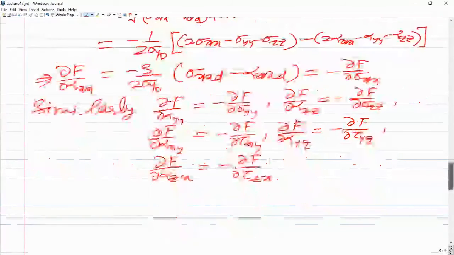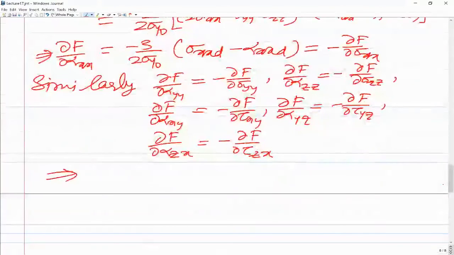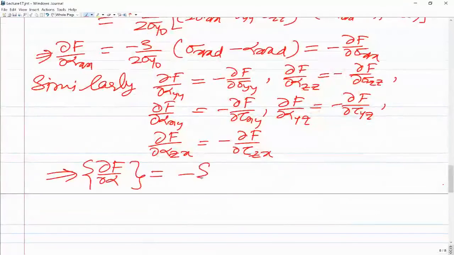So in the vector form you can altogether say that del f by del alpha actually is equal to minus del f by del sigma. That is the relationship we are getting.